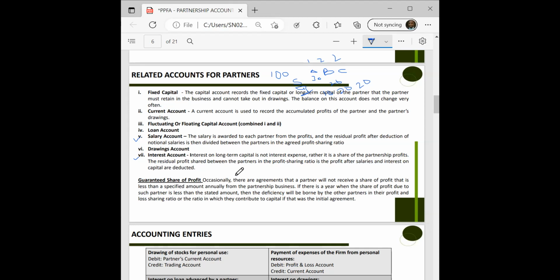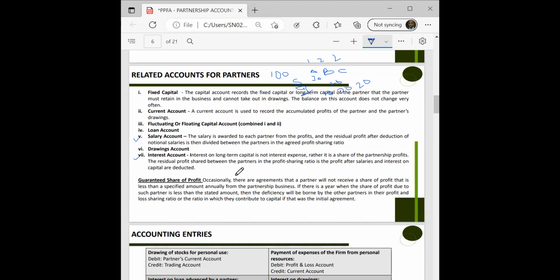If they told him, we're trying to set up a partnership business, and you will see the amount we'll be making, not less than 20 million naira a year, and he says, put it down in writing that I will not make less than 20 million naira in a year as profit, that is what we call a guaranteed share of the profit.